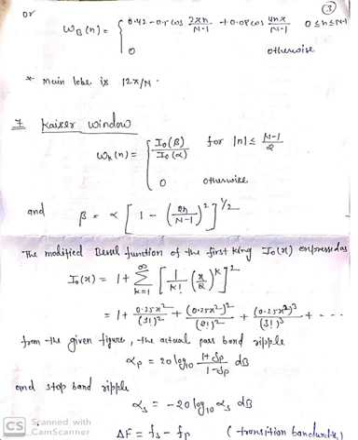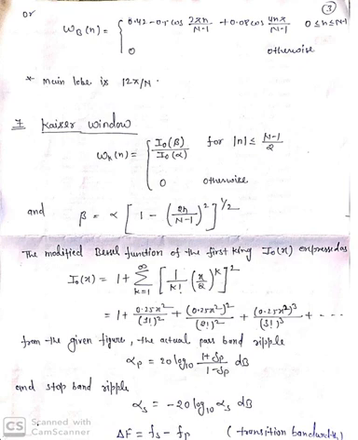The modified Bessel function of the first kind, I0(x), is expressed as I0(x) equals 1 plus summation k equals 1 to infinity of [(1 upon k factorial)(x divided by 2) to the power k] whole squared, which equals 1 plus (0.25 x squared) divided by (1 factorial) whole squared plus (0.25 x squared) whole squared divided by (2 factorial) whole squared plus (0.25 x squared) to the power 3 divided by (3 factorial) to the power 3, and so on.